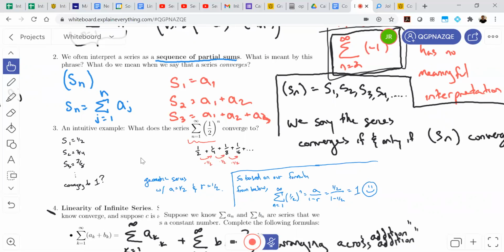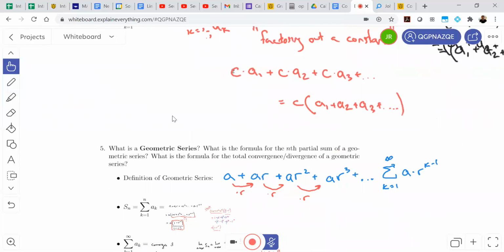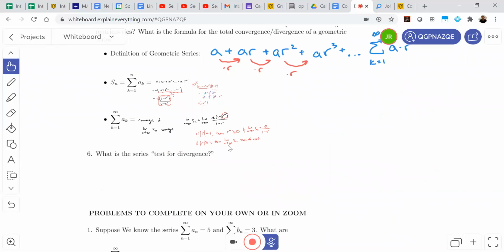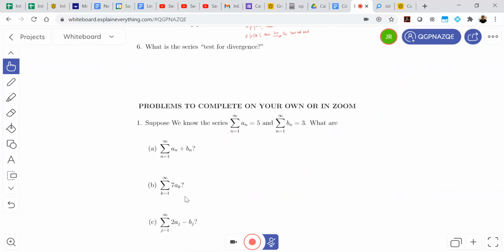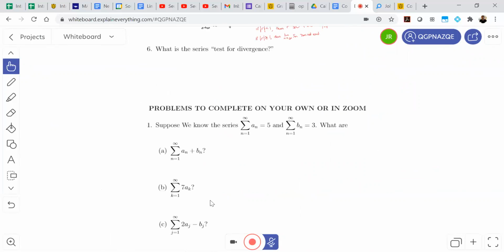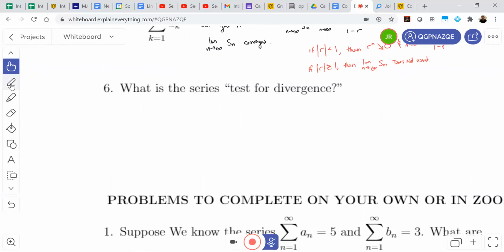So it's a slightly nebulous, slightly unknown world we're currently in, but we have a handful of things we can do, such as using this linearity and understanding that a geometric series might converge or might diverge depending on this value r. The final thing that I want to introduce before we work on some practice problems is the so-called test for divergence.